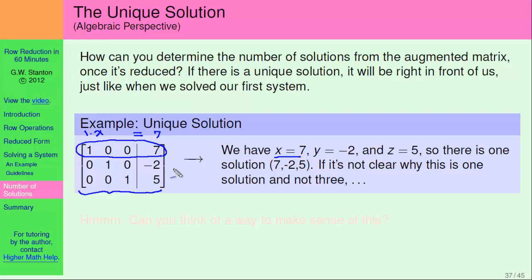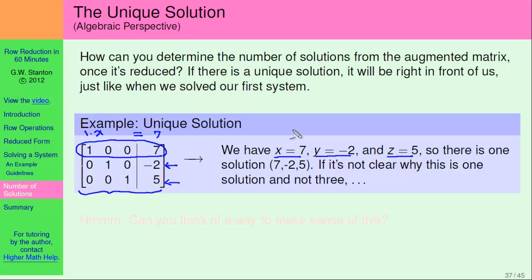And similarly, the second row represents the equation y equals -2, and the third row represents the equation z equals 5. So the solution is just right in front of us.